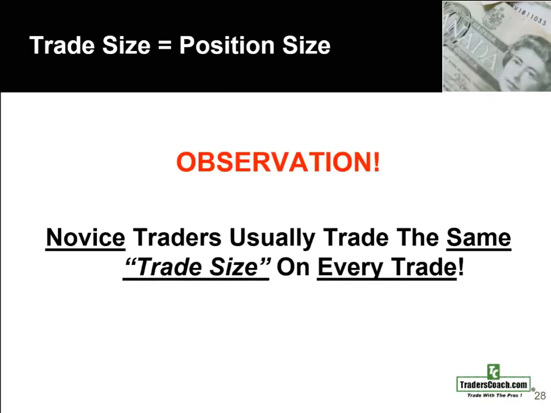One observation I've noticed when coaching a lot of students, and I coach a lot, is I'll know in a heartbeat if they understand risk control by asking them about their trade size. If they don't understand risk control, they'll tell me they usually trade the same number of shares, like 500 or 1,000, on every trade.